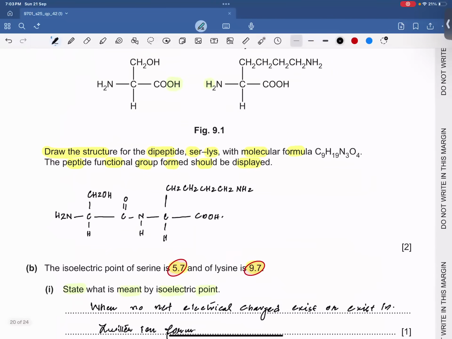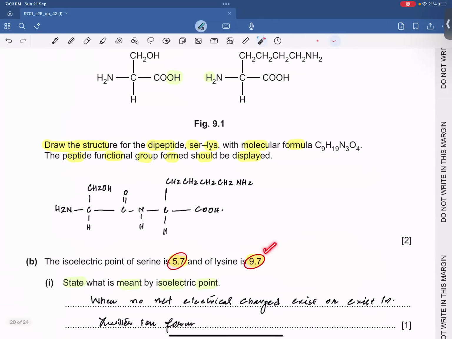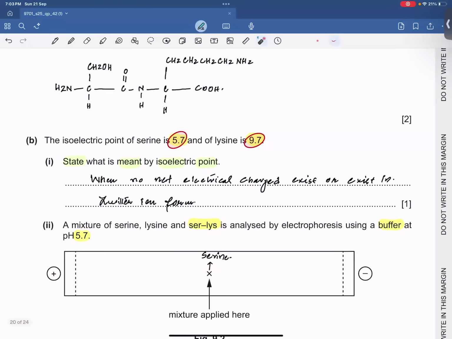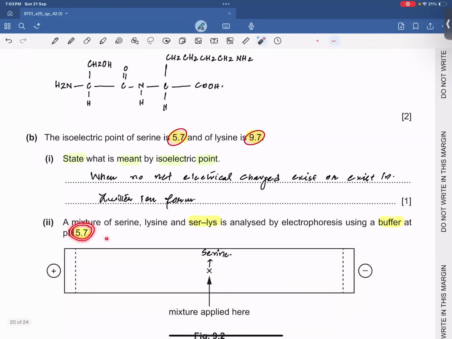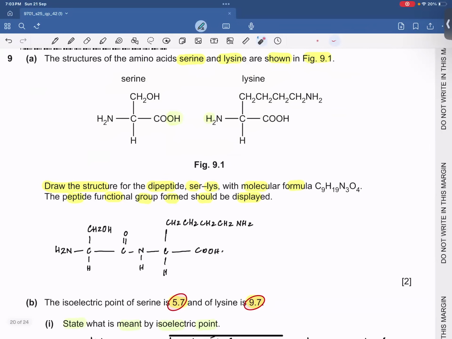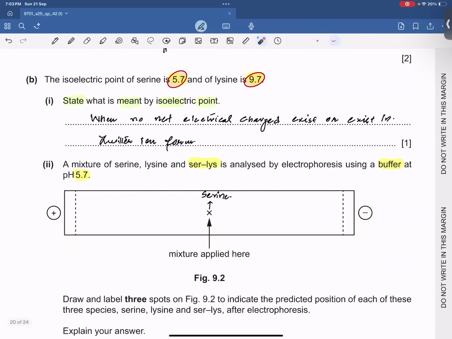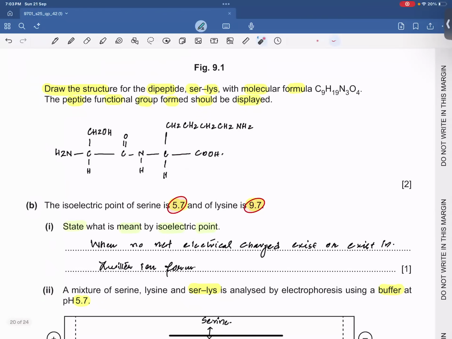Now lysine has an isoelectric point of 9.7 and the pH of the buffer is 5.7, which means NH2 will accept a proton. If the pH of the buffer solution is lower than the isoelectric point, then protonation takes place. That's what we have done in class.